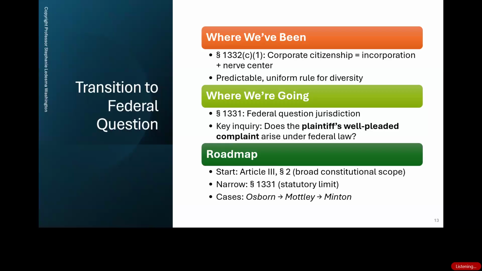Where we've been, you see it. Where we're going, 1331. What's the roadmap for our journey through federal question? We're going to start with Osborne, which was not initially assigned. We're going to start with the Osborne case. We're going to move to the Motley case, and then we're going to move to the Minton case.